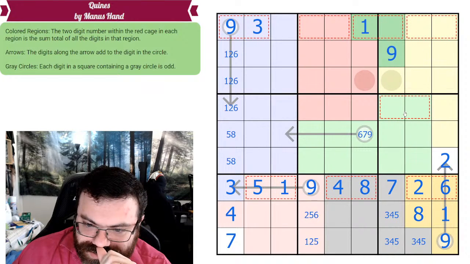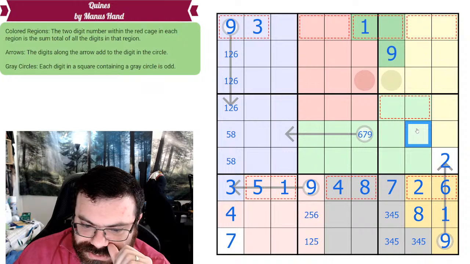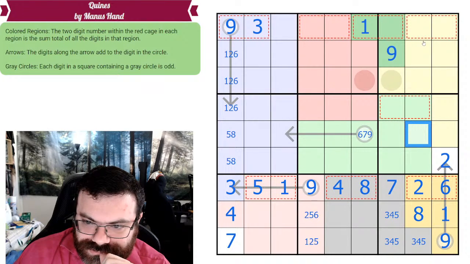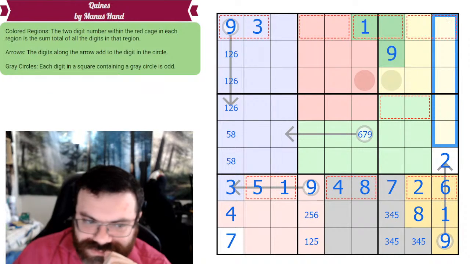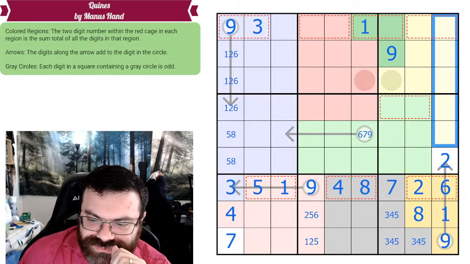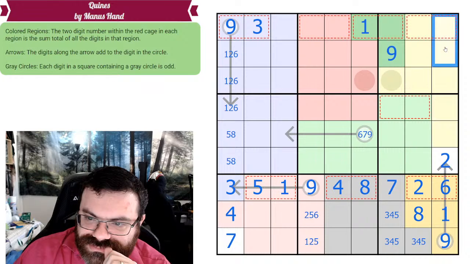Okay, I bet you there's more we can do here. These cages. We know what this adds to. Is that helpful? 35 minus 18 is 27. So this adds to 27.